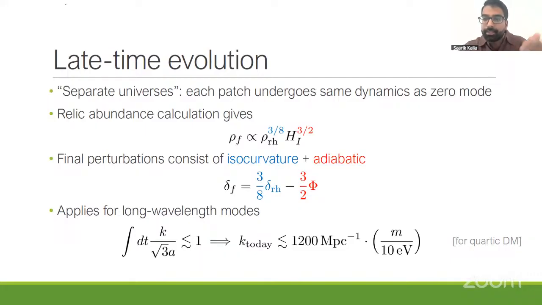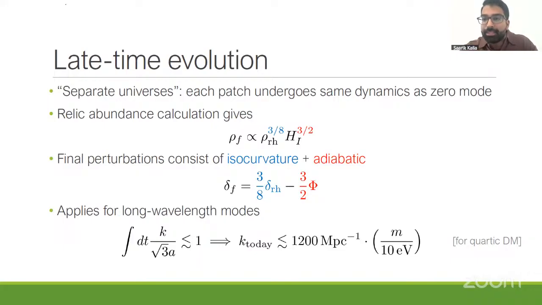As with the relic density, here it's actually easier to track the perturbations of the density rather than the perturbations of the field itself. In order to do that, you can apply this simple separate universes argument at large scales, which is basically to say that the universe is composed of various different patches. Each of these patches will end inflation with a slightly different amount of the scalar field of dark matter, and perhaps also some slightly different curvature perturbation from the inflaton itself.